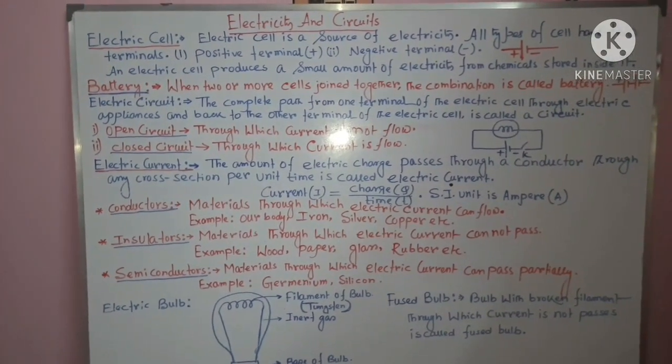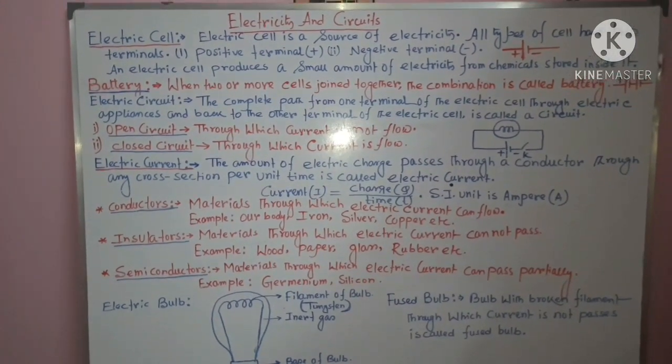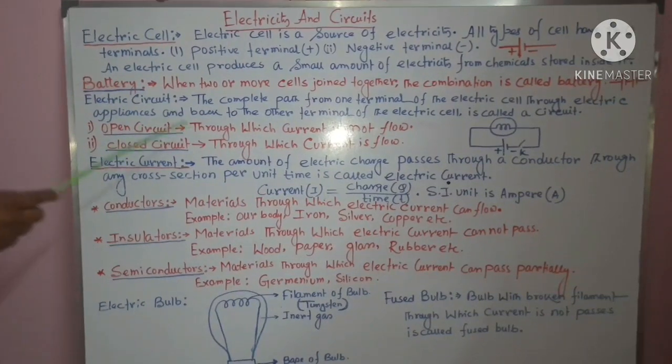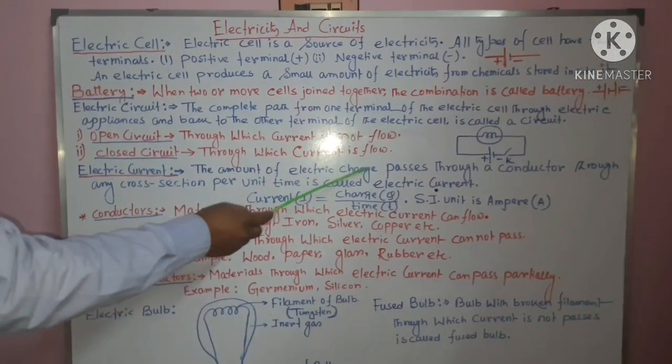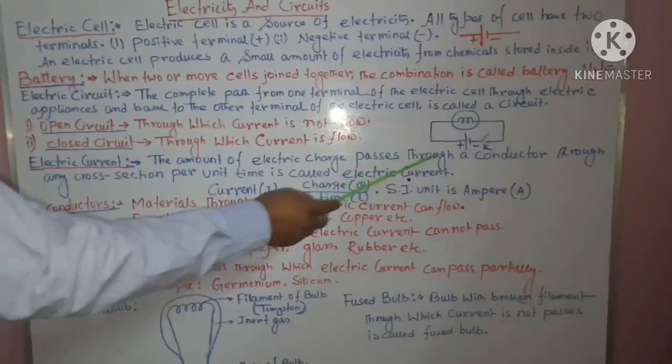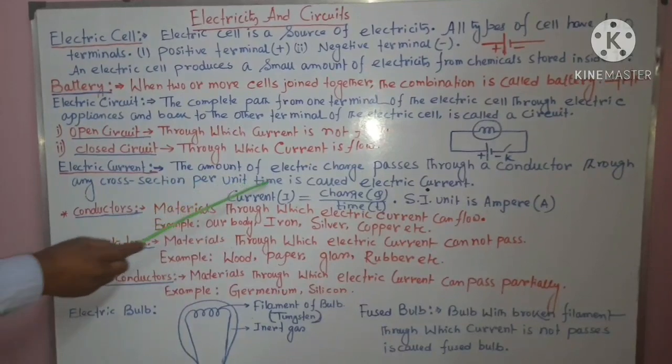So after knowing the electric charge, you can say what you mean by electric current. Electric current is the amount of electric charge that passes through a conductor through any cross section per unit time.